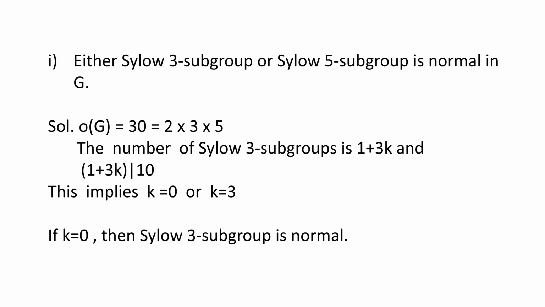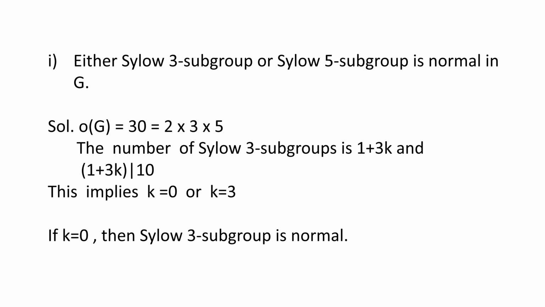First of all, we prove part 1, which says that either the Sylow 3 subgroup or the Sylow 5 subgroup is normal in G. We are given that the order of the group is 30, which is equal to 2 multiplied by 3 multiplied by 5. From the Sylow third theorem, we know that the number of Sylow p subgroups of G is of the form 1 plus kp, where 1 plus kp divides the order of the group.